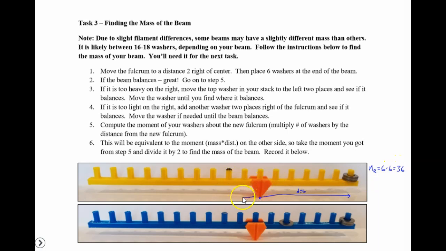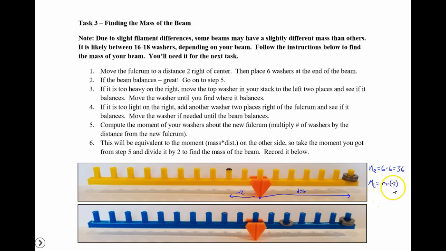This center point is where we can think of all our masses being concentrated here on the left, and so that would be a distance -2, and we don't know the mass, so we're just going to say this moment on the left is whatever that mass is times -2. And what we saw before is these two should add up to 0, which means they should be equal except for the negative.